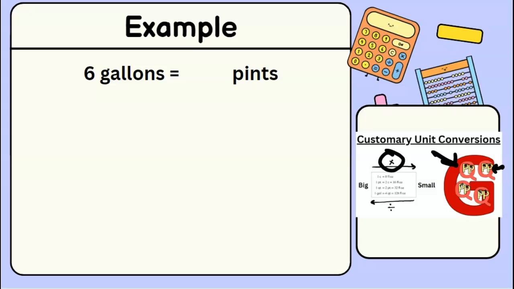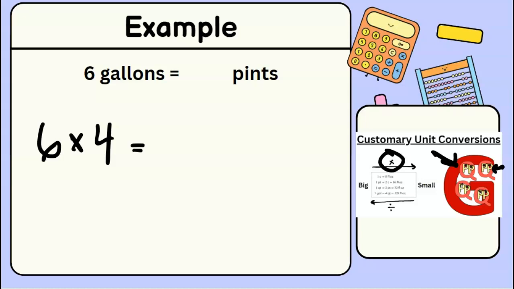So what I need to do is take the amount that I have and multiply it by the conversion that I'm given. So 1 gallon is equal to 4 quarts. So I'm going to multiply by 4 to get my answer.